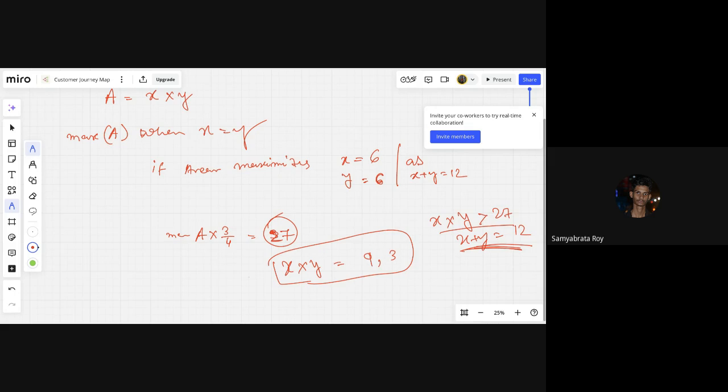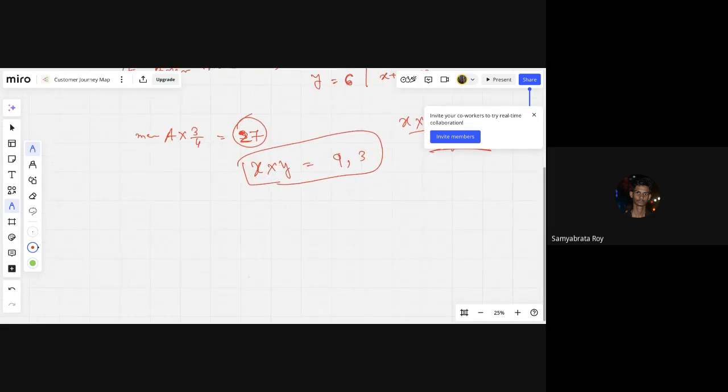So what is the range of x? It was earlier, what was the range? 0 to 12, right? Yes, sir.